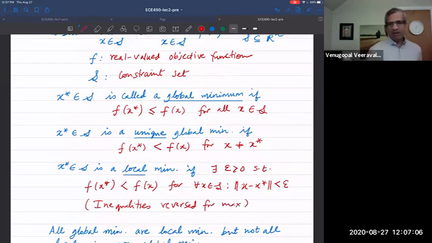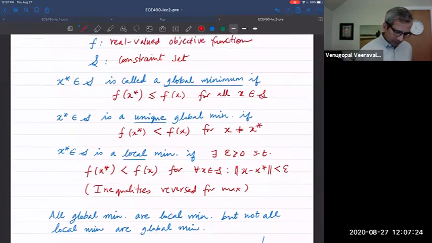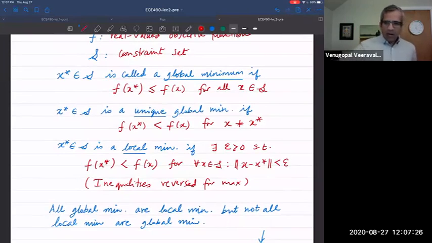Mostly, when we talk about optimization, we talk about minimization in this course, with the understanding that maximizing a function is the same as minimizing the negative of that function. So we'll only look at minimization problems. Now, all global minima are local minima, but not all local minima are going to be global, of course.